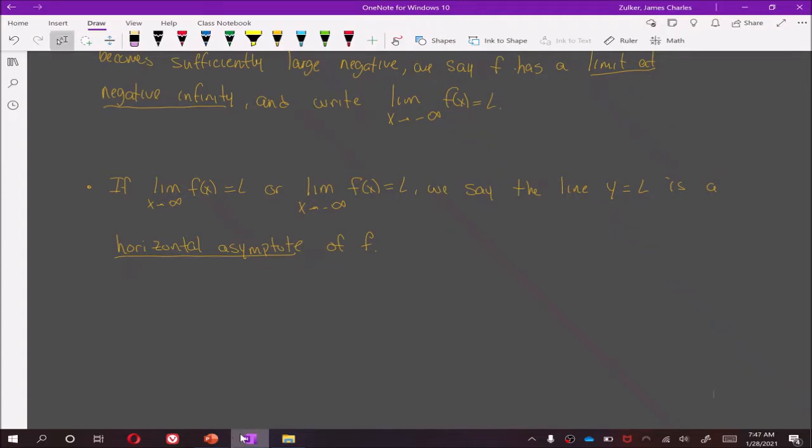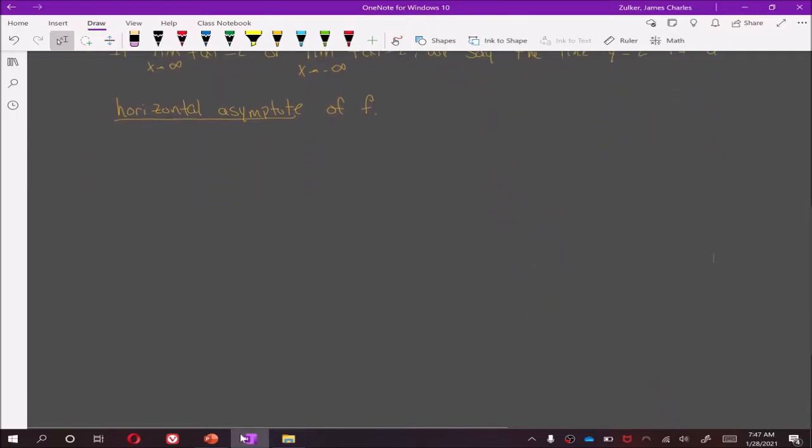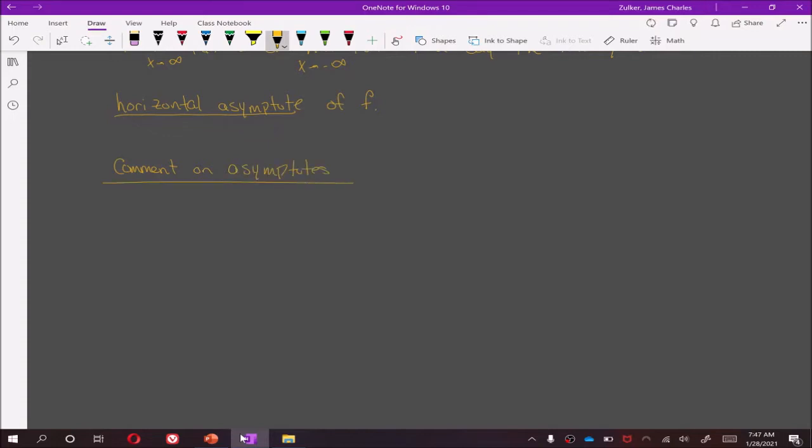Now a quick comment about asymptotes. By its very definition, a function can never cross vertical asymptotes, because remember that a vertical asymptote was when the limit as x approaches a of the function was plus or minus infinity, or one of the one-sided limits was plus or minus infinity.